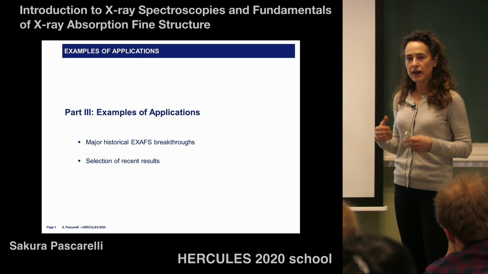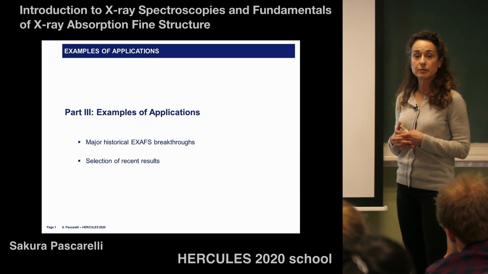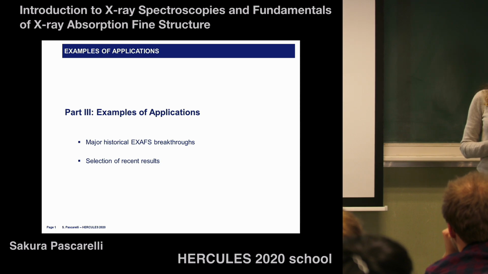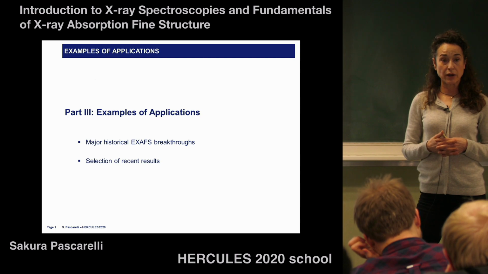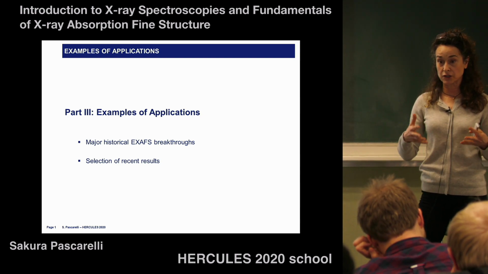EXAFS was actually first observed at the beginning of the 20th century. You know that Bragg and Laue had Nobel Prizes in that period, a few years after X-rays were actually observed.